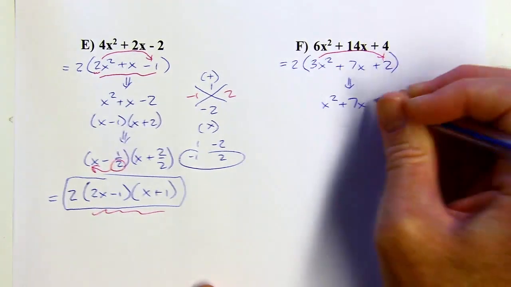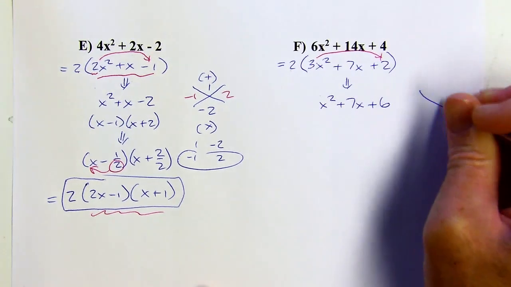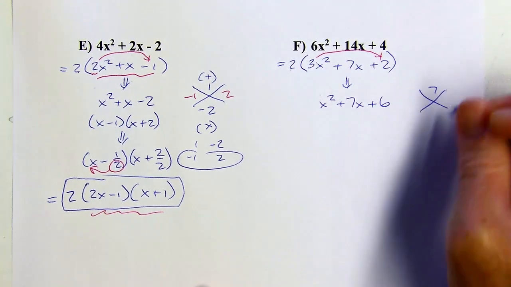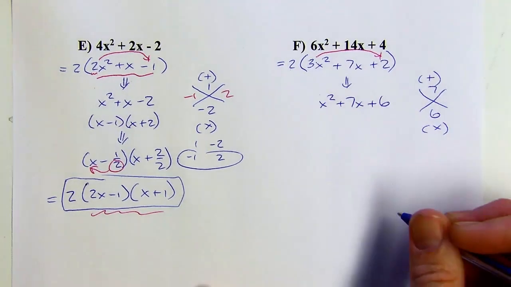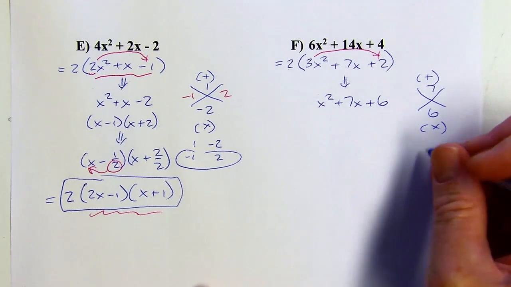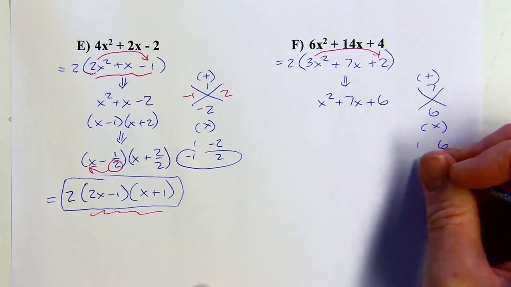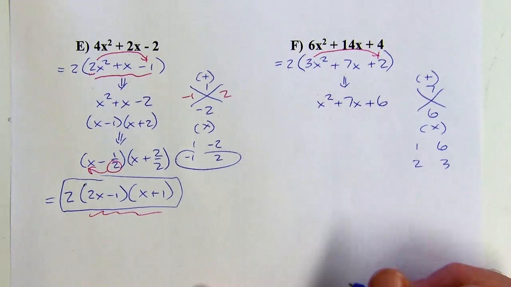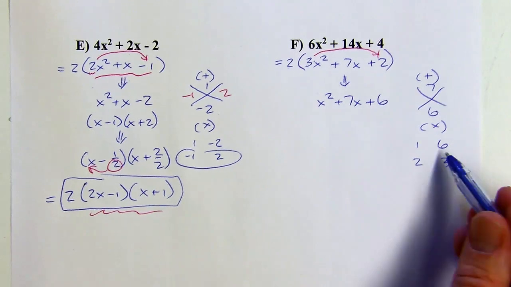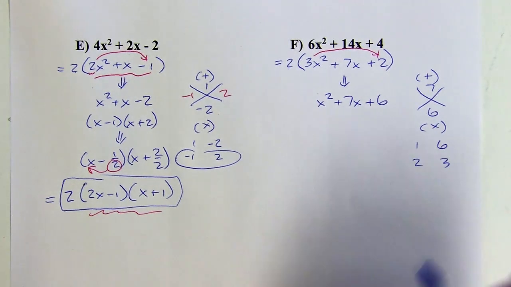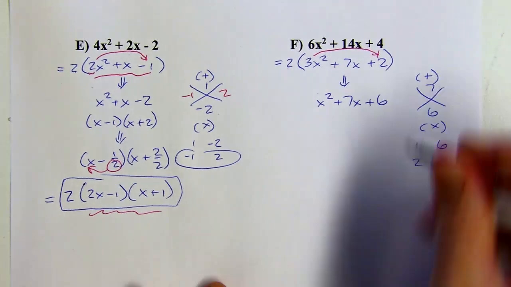So 3 times 2 is 6. Okay, let's factor this part. 7 on top, 6 on bottom. Okay, so I'm only going to use the double positive versions here. So there's only 2 ways to multiply with integers with positive numbers to get 6, and that's my combo, right?